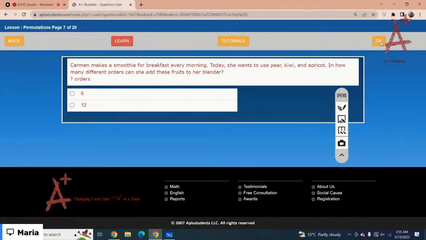Which is the correct option? Yes, it would be 3 factorial, and 3 factorial means you have 6 orders.